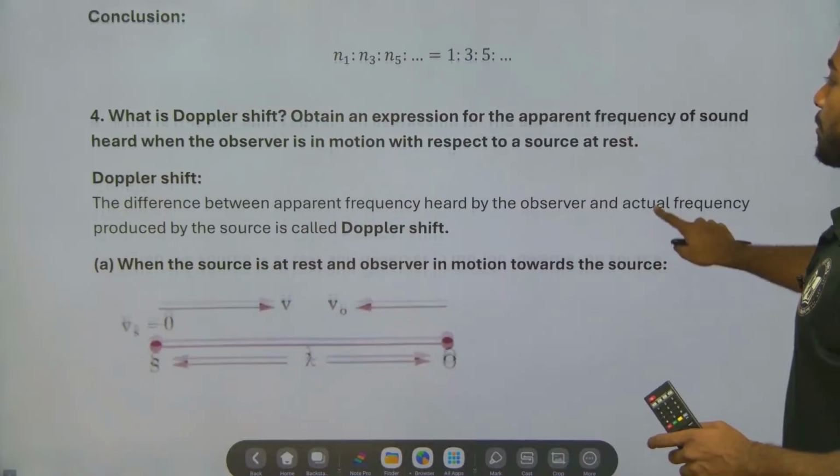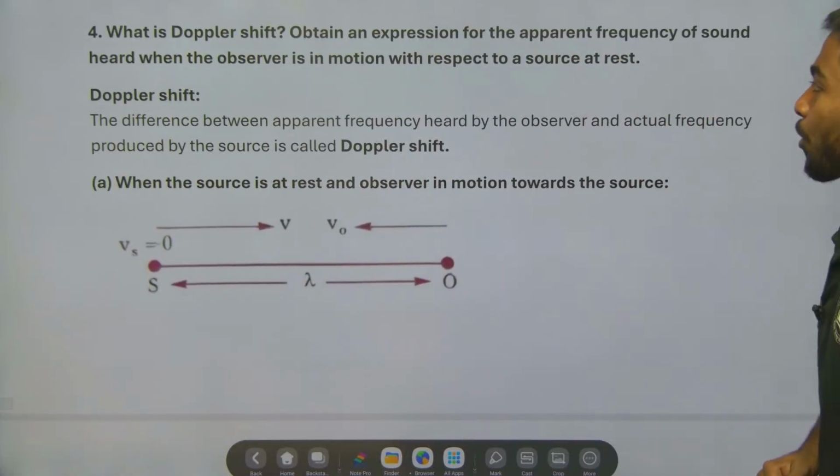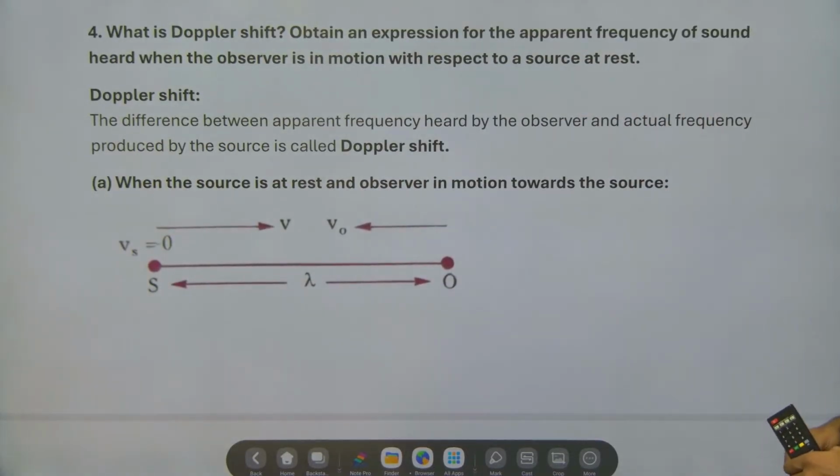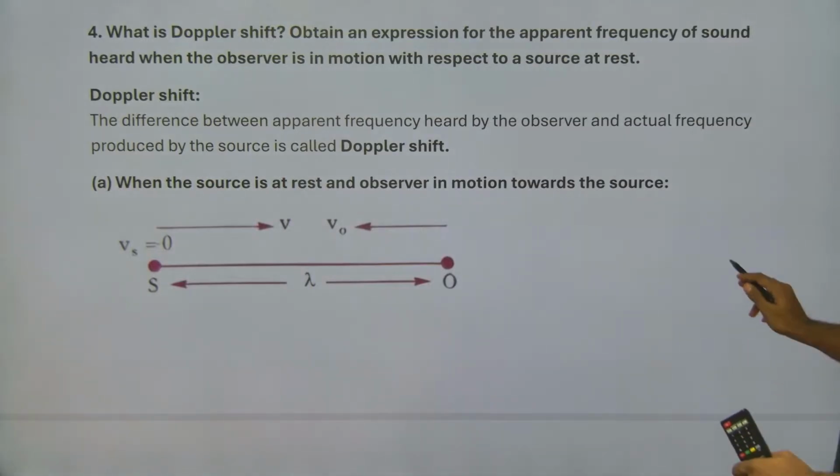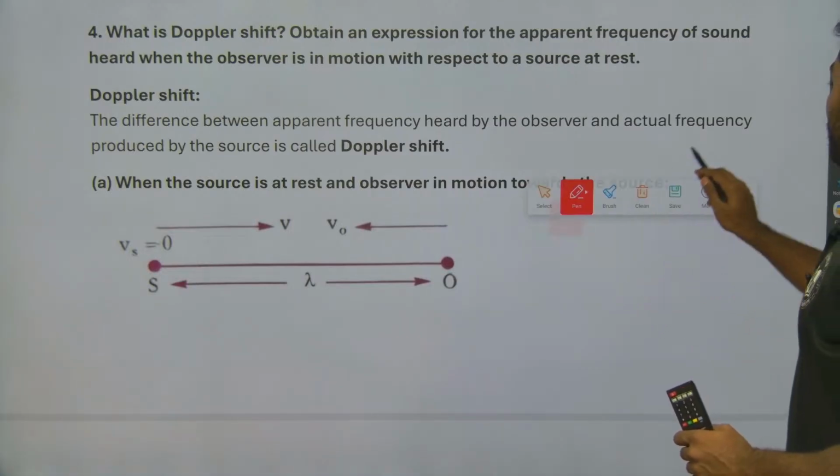So this is the fourth question. What is Doppler effect? Explain and obtain an expression for the apparent frequency of sound heard when the observer is in motion with respect to source at rest. First we'll understand what the question is asking, so we'll divide the question into subtopics.